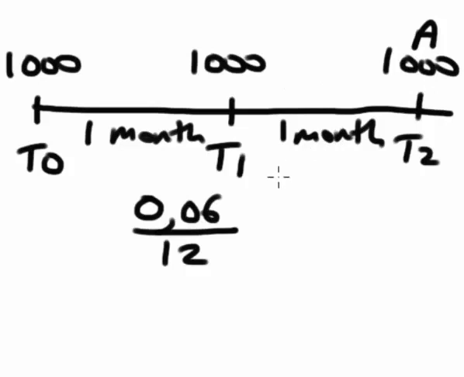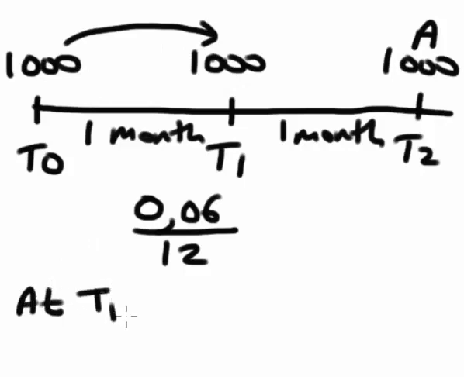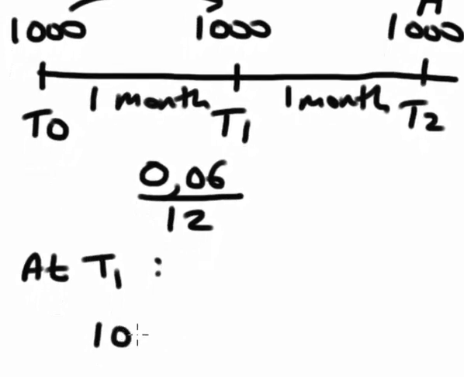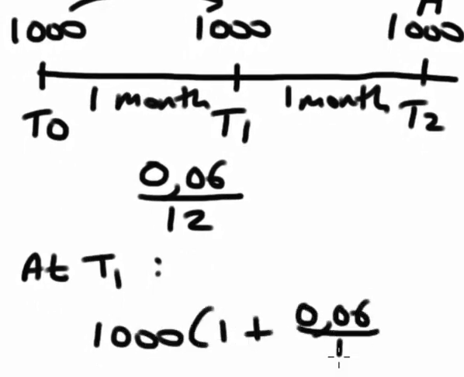Okay, now how would we do this? Well, very simply, if we take that 1,000 rand, we're going to grow it for a period of a month. So let's look what happens at T1. If you take the 1,000 rand here, we're going to grow it for a period of 1 month.